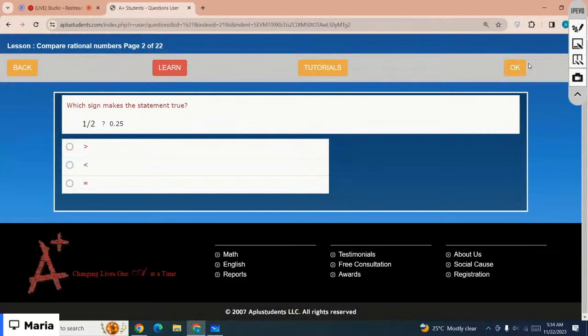Which sign makes the statement true? Which is the correct option? The correct option is 1 by 2 is 0.5, right? And 0.5 is greater than 0.25. That is greater.